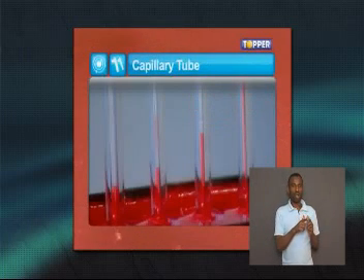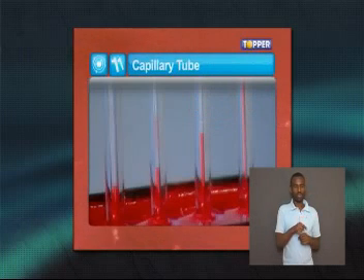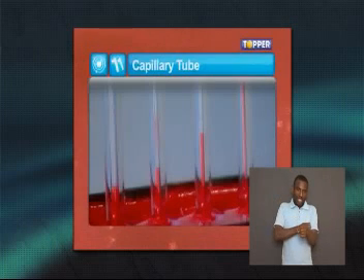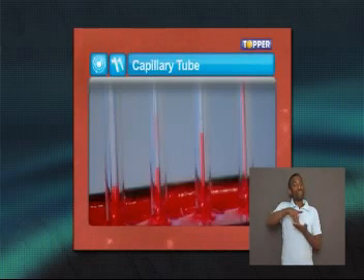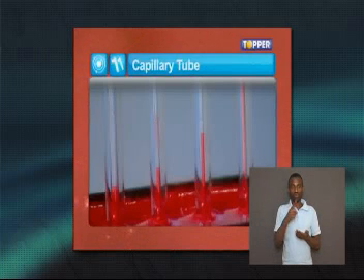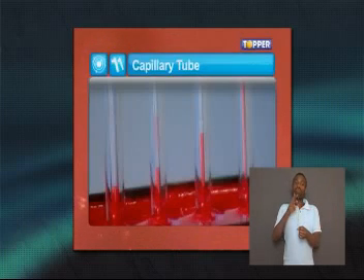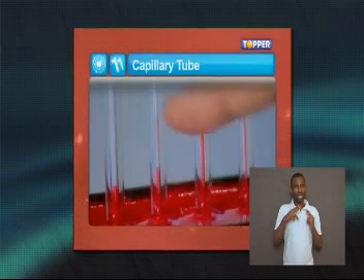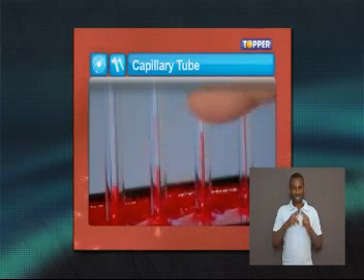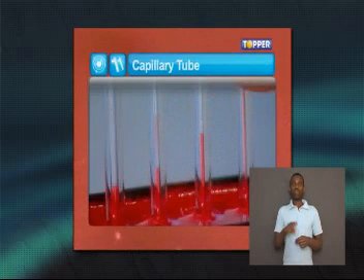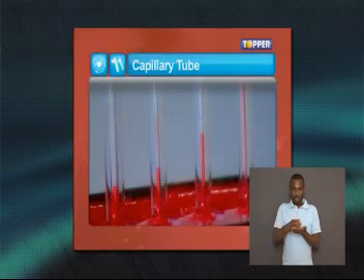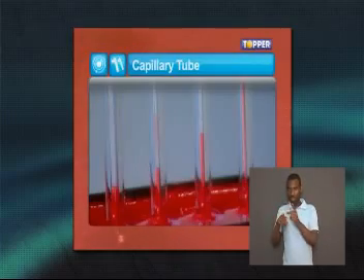The reason the liquid rises is because the adhesive energy between the glass and the liquid is higher than the cohesive energy between the water molecules. The thinnest tube has the most surface area in contact with the liquid, so the adhesive energy is the highest.